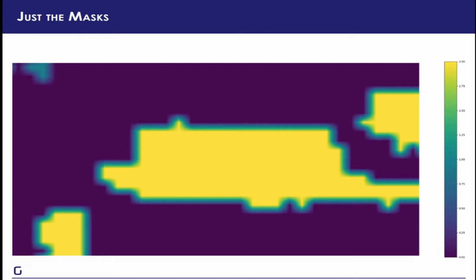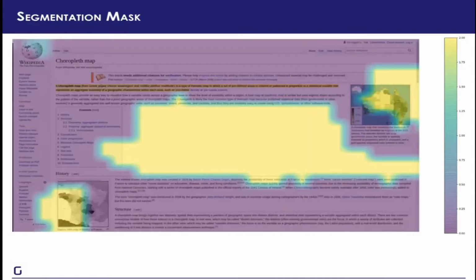And when you overlay the original web page on this heat map, this is what we see. We can see that it has identified that there is something in the top left corner. It's the Wikipedia logo, but our model thinks that it's a donut chart. It has identified 2 maps in the image, the map of Australia, which has a higher attention here, and a map of France, which also has a higher attention here.